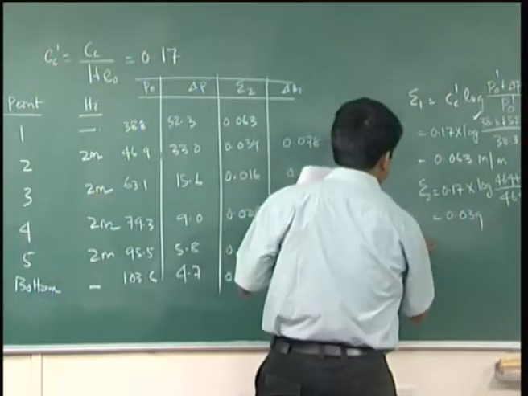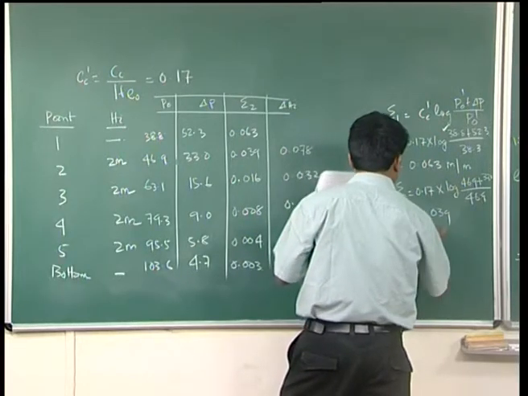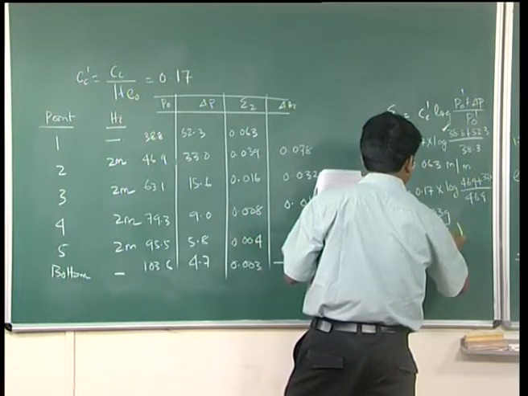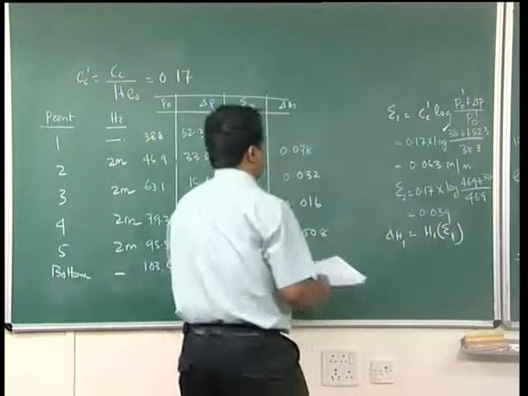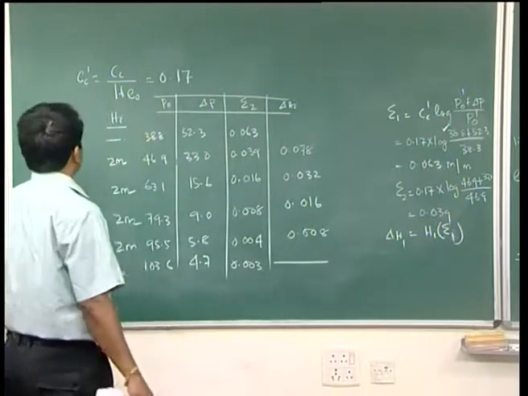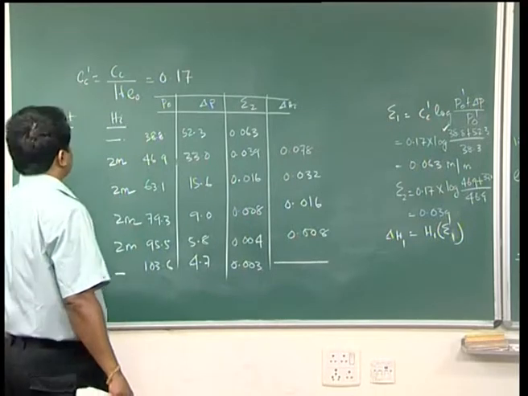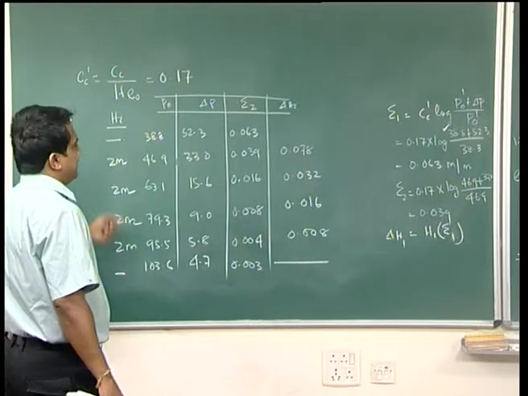Sorry, this delta H is coming, height h1 into xi. Delta h1 is equal to height h1 into xi 1. So, change in height delta h is equal to, what is your height? h1 is equal to, that is your 2 meter, into xi 1.